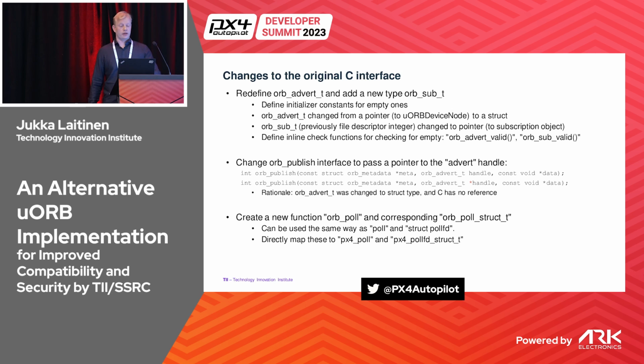So we changed that type as well, and for checking the validity of those handles, we added a couple of wrappers, because previously the code is filled with 'if advertiser handle is null' or 'if subscription handle is greater than -1'. So it's nicer to just have those wrapper functions to check the validity. And as I mentioned, we created the polling functionality inside the uORB library as well, so that the subscriber can wait for data to be published into a topic.